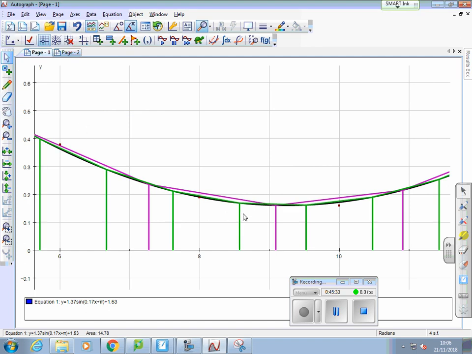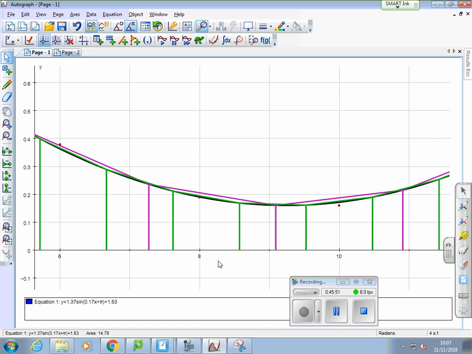You can see how it's demonstrating how, as you add more data points, these straight lines that cross over the top here are actually getting closer and closer to the curve, and therefore you would expect the result to be more accurate.